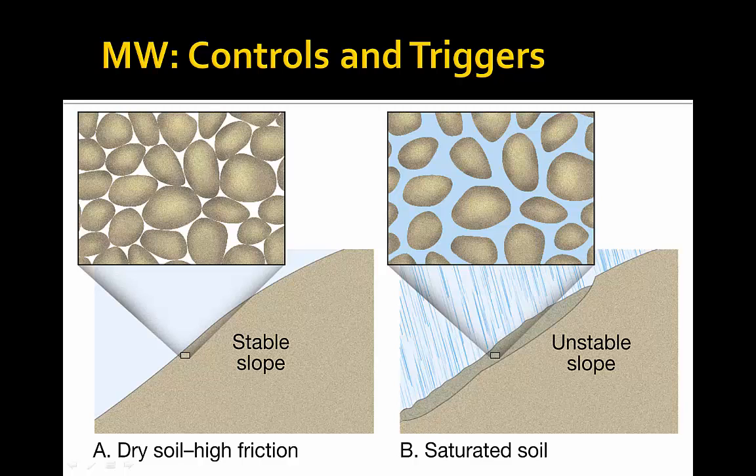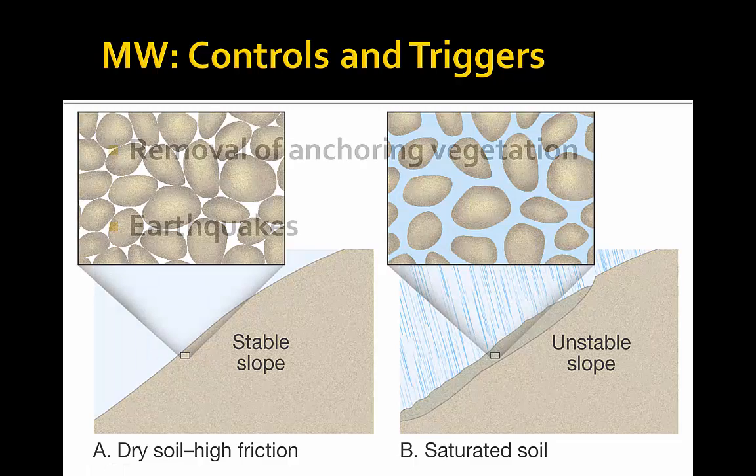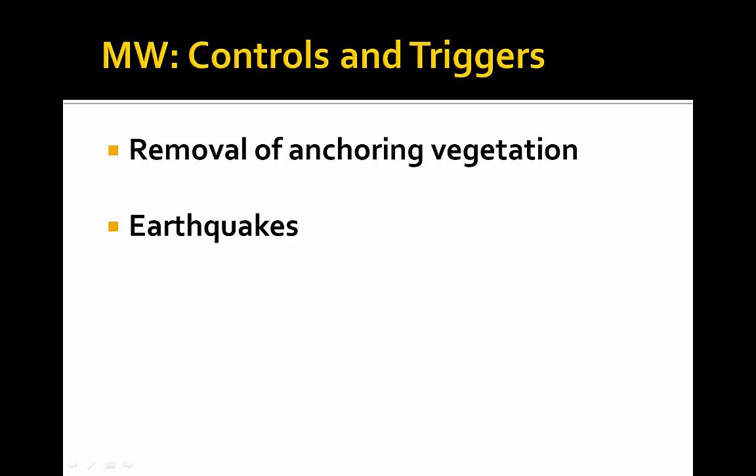In fact, in some cases, it can increase the friction. But if you add a lot of water, if you saturate that area, the water forces itself between particles. At that point, this material starts to act as a fluid as opposed to dry sediment. A couple other controls or triggers of mass wasting events are going to be removing vegetation and then the presence of earthquakes to give it a little extra nudge.